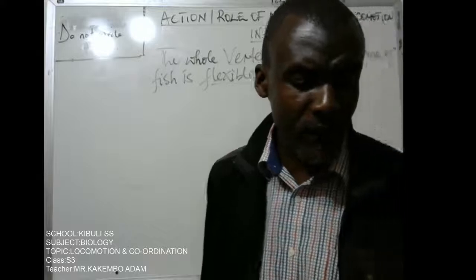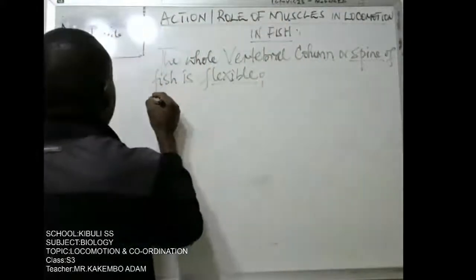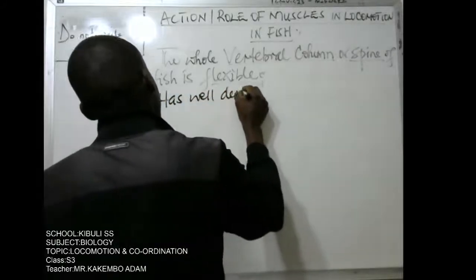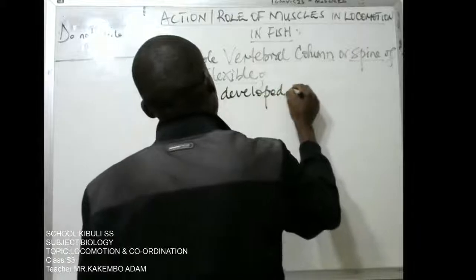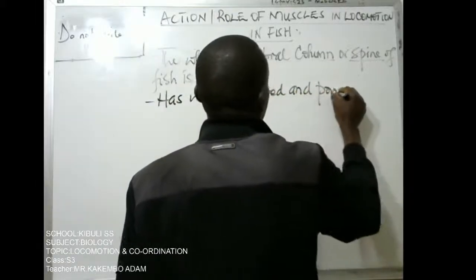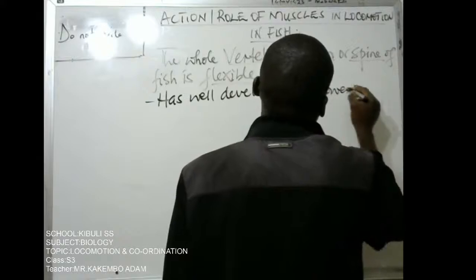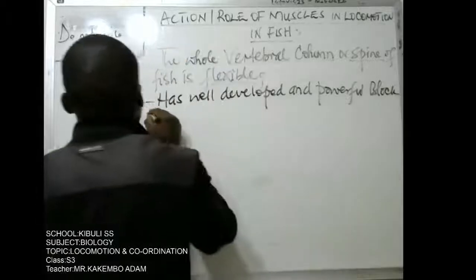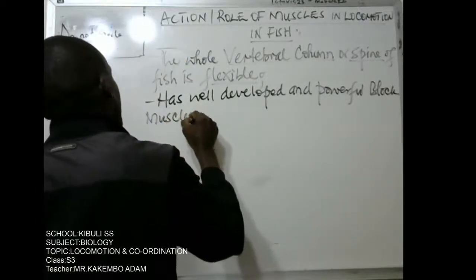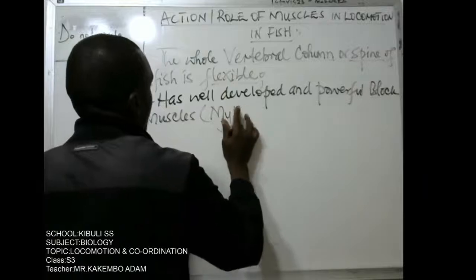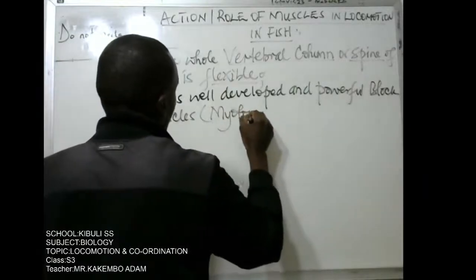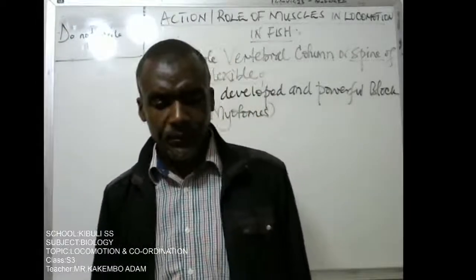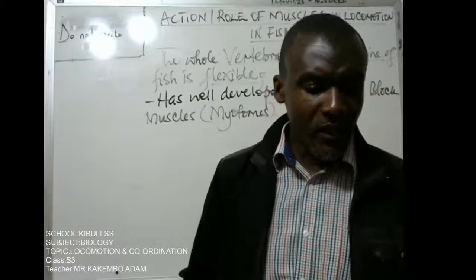It also has well-developed and powerful block muscles, the ones we call the myotomes. These occur on either side of the body of fish.